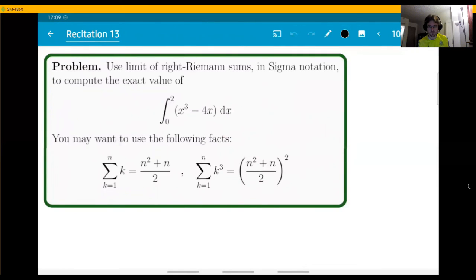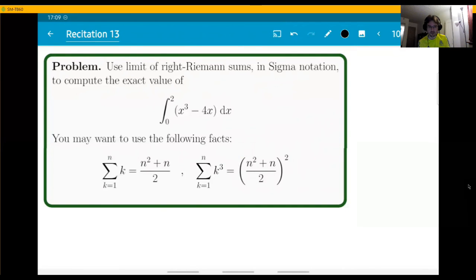We're going to do, once again, a Riemann sum limit. We want to compute the exact value of the integral of this particular function using Riemann sums. Here are some useful facts about sums of powers. Like this one we already knew, the sum of numbers from 1 to n. And this time, the sum of cubes of numbers from 1 to n. By the way, a coincidence, it is just the square of the first part here. This is something that you can check by yourself.